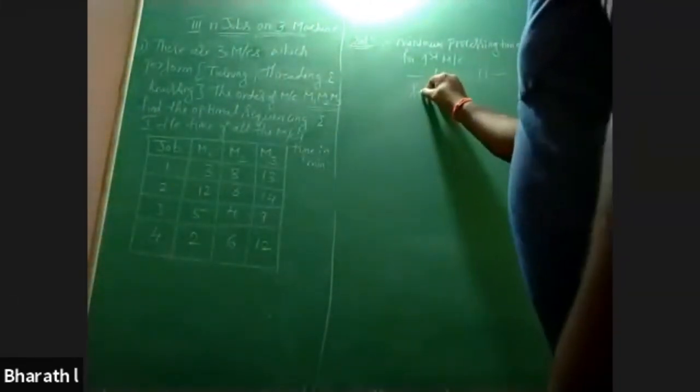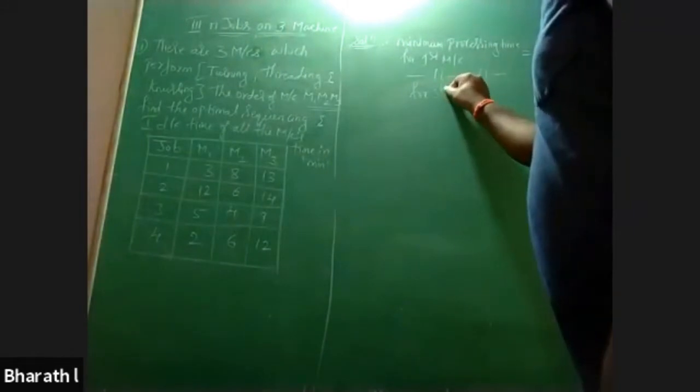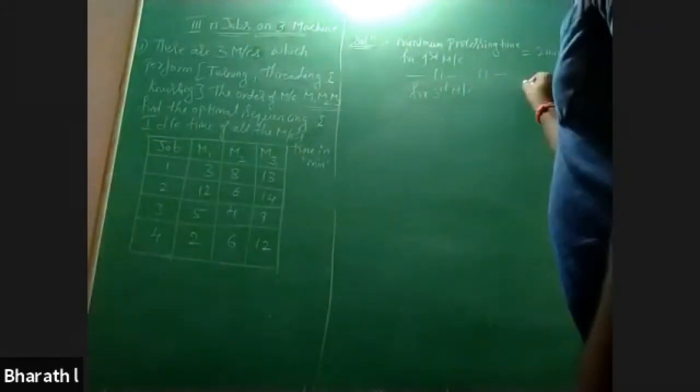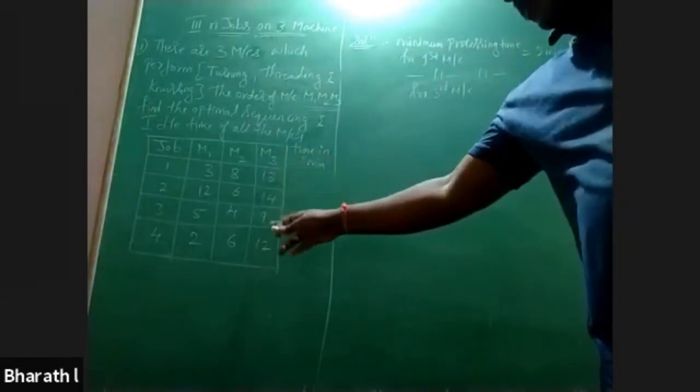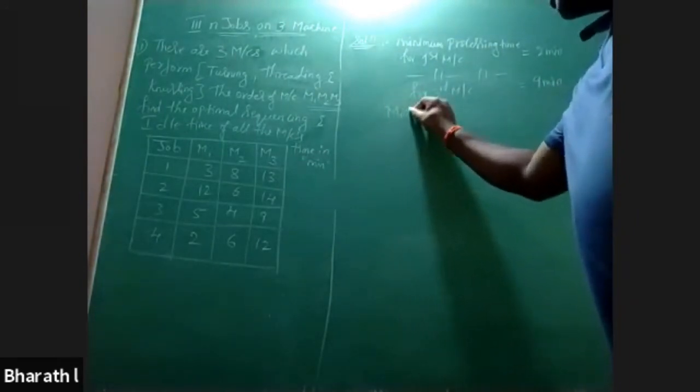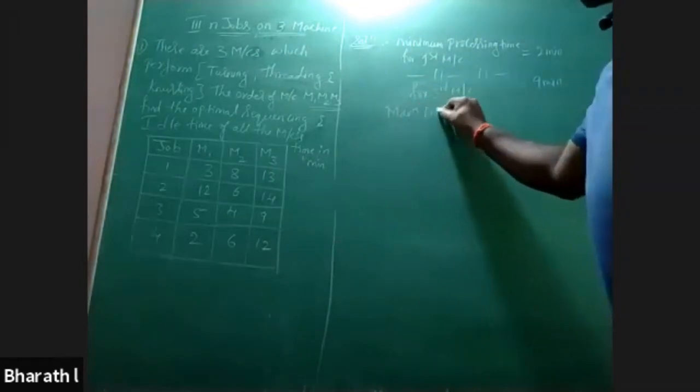Similarly, we need to identify the minimum processing time for the last machine, that is machine 3. For the third machine, out of 13, 14, 9, 12, the minimum is 9 minutes.